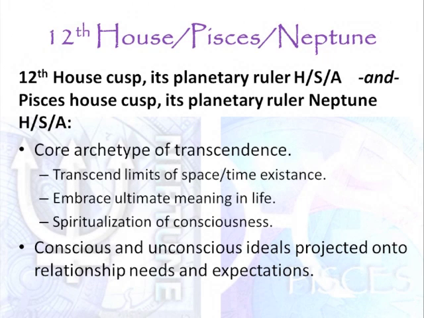And so, that 12th house cusp is where we are going to have both conscious and unconscious ideals that are going to be projected onto relationship needs and expectations. 12th house in conjunct to the 7th.